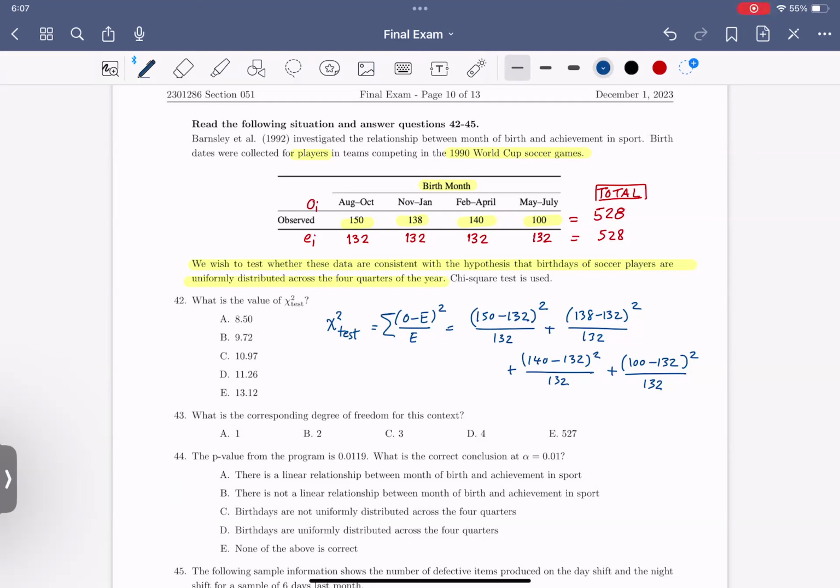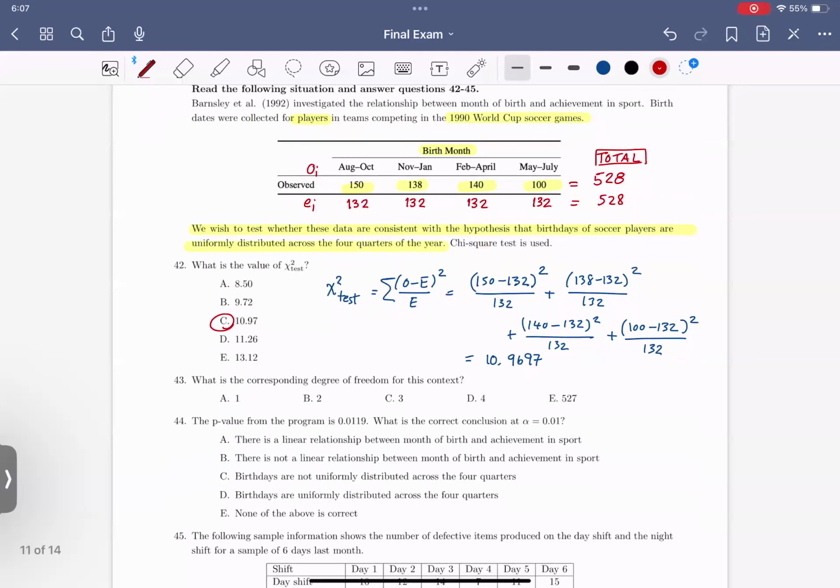All right, so the answer is 10.9697, which is actually choice C, 10.97. This is the value of the chi-square test.